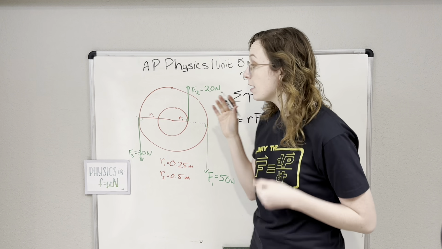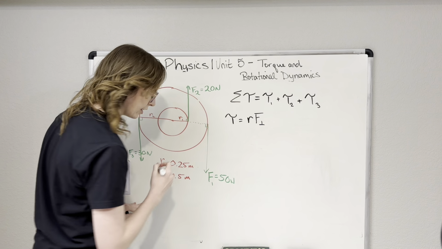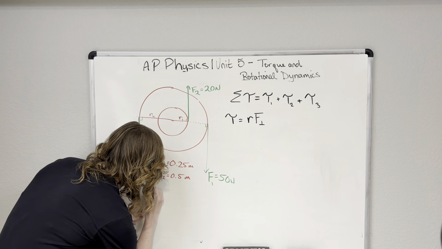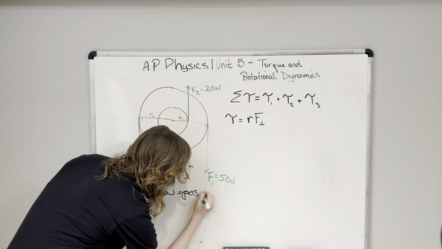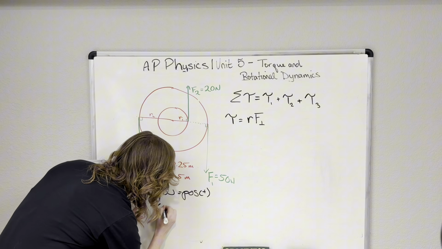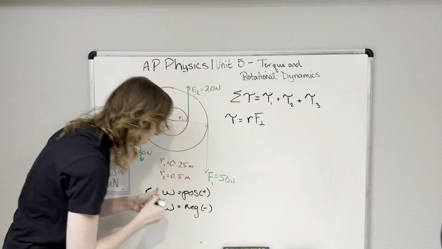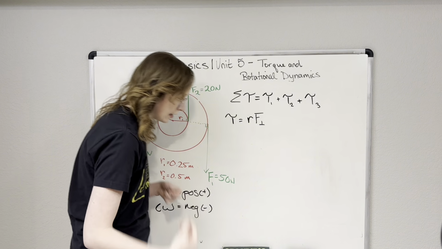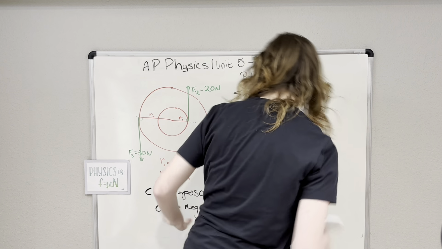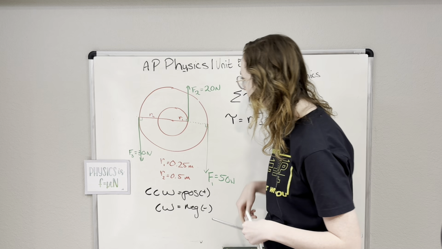Now remember, whenever we talk about rotation, we have a positive and negative direction, where counterclockwise is positive and clockwise is negative. And I know that feels a little counterintuitive, but there are a lot of reasons behind that that you'll get into as you get into higher level physics classes. But for now, we just got to accept counterclockwise is positive and clockwise is negative.